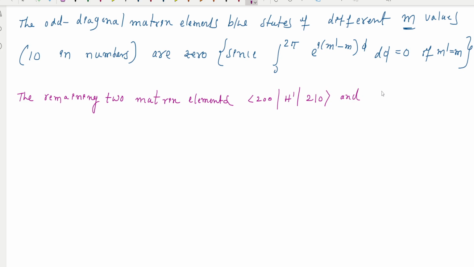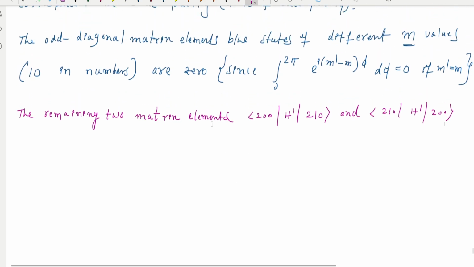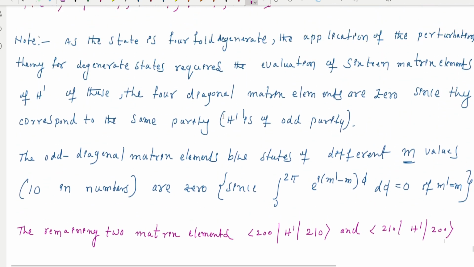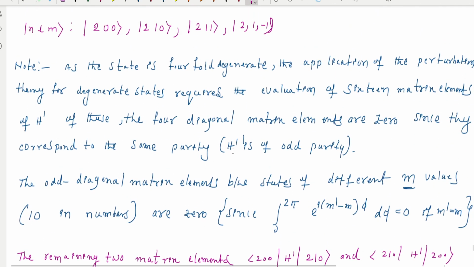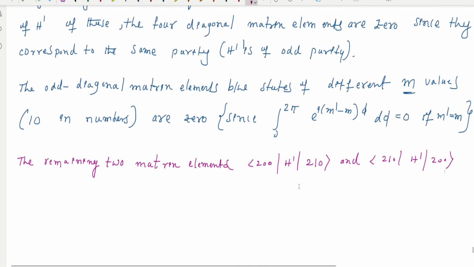I could say this directly by skipping the explanation, but it's very difficult to say it like that, which is why we are not skipping these steps. You can get 16 combinations using these four states, but only these two combinations remain as non-zero terms.